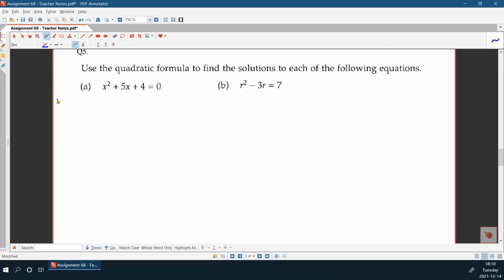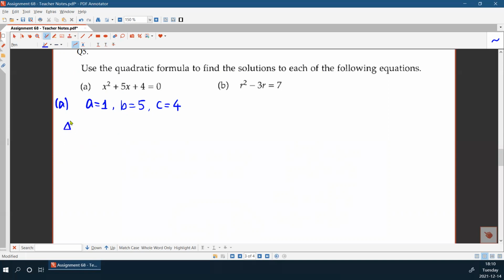So for the first question, a is 1 and b is 5 and c is 4, right? It is ax squared plus bx plus c, so we have our 3 parameters here. Then you can use the quadratic formula.